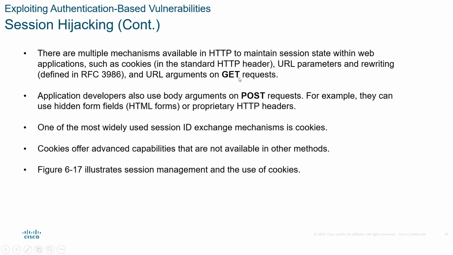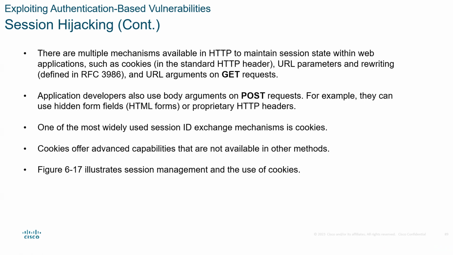So in the standard HTTP header, that's cookies, URL parameters and rewriting, defined in this particular RFC, and URL arguments on GET and POST. Now, application developers also use body arguments as POST requests. Remember, POST in HTTP is usually sending data to a server. GET is requesting from the server.